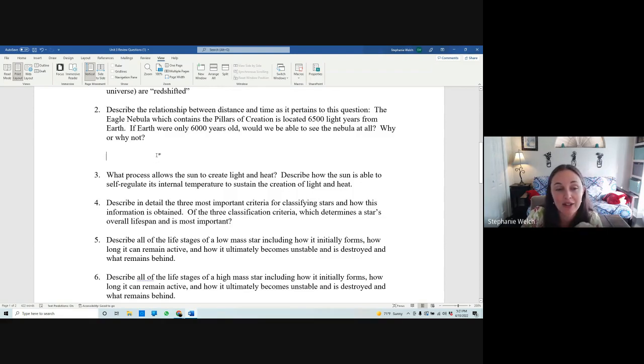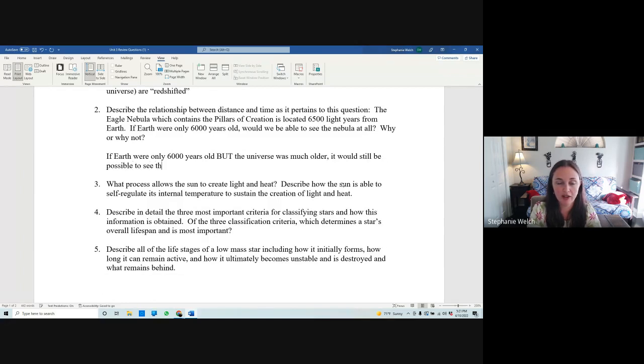So in this context, if Earth were only 6,000 years old, but the universe was much older, it would still be possible to see the Pillars of Creation. That light would have left those objects 6,500 years ago and spent the last 6,500 years traveling from that point to us. So no matter how old the Earth is, we would still be able to see it.